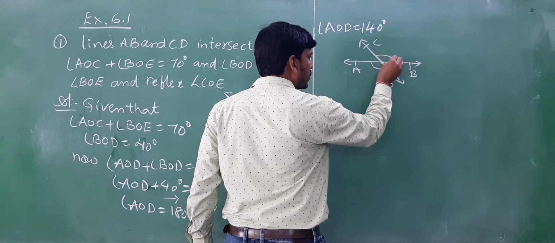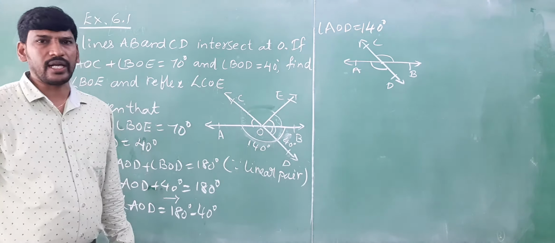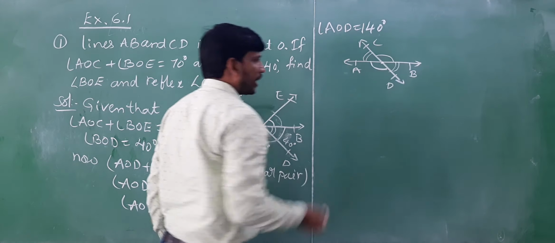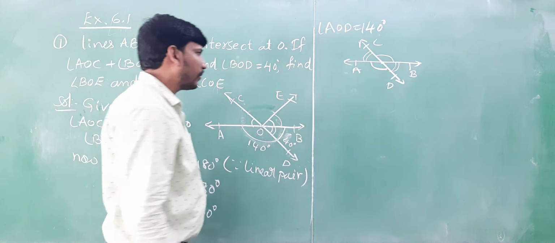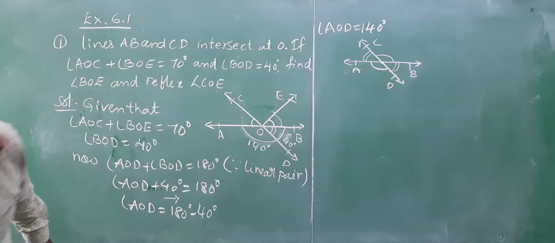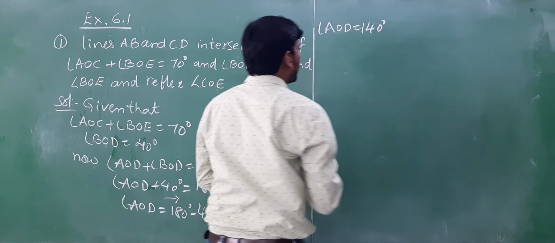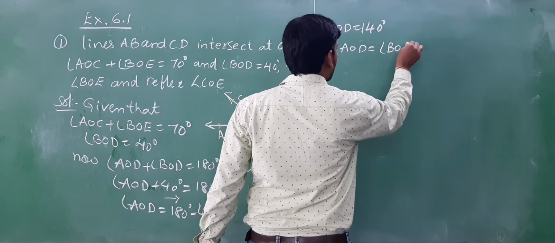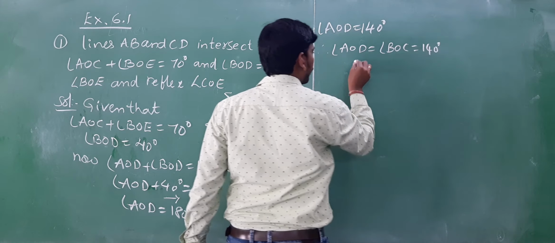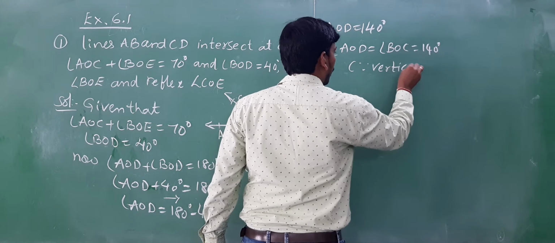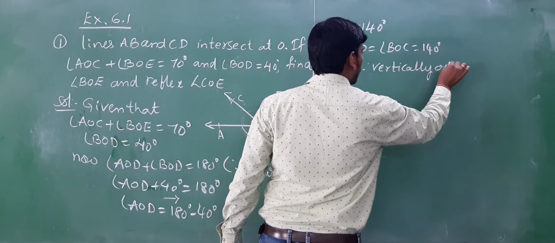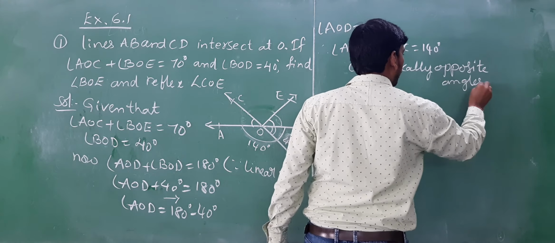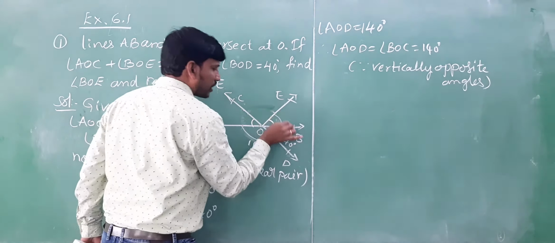AOD and BOC are equal, both are vertically opposite angles, and as well as BOD is equal to AOC also. Therefore angle AOD is equal to angle BOC, which is equal to 140 degrees, since they are vertically opposite angles. So we got this total is 140 degrees.